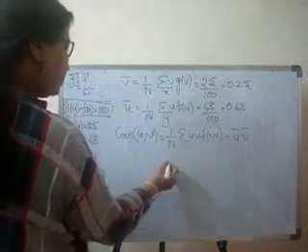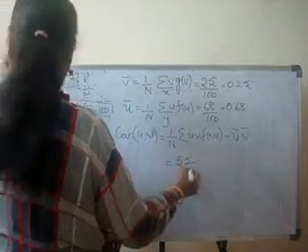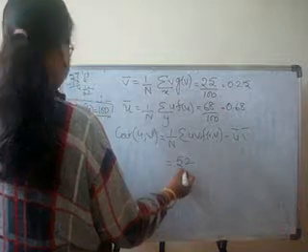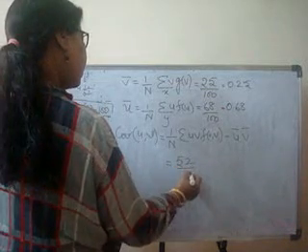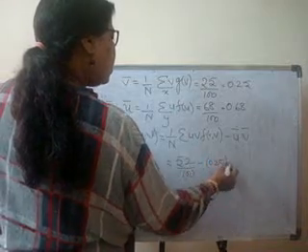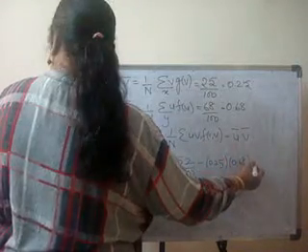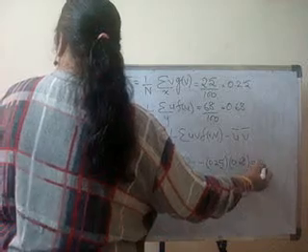So this value is nothing but your 52 divided by 100 minus 0.25 into 0.68, which is equals to covariance 0.35.